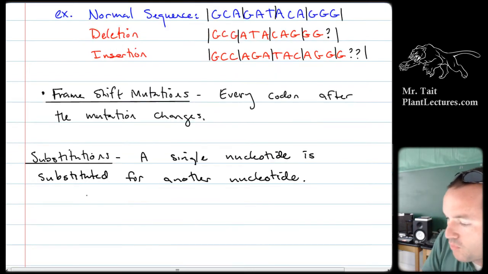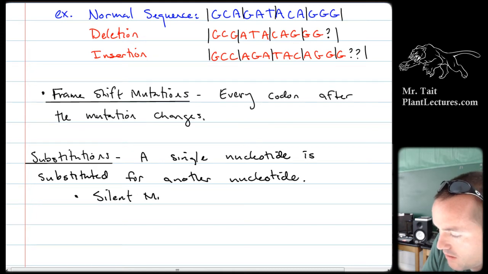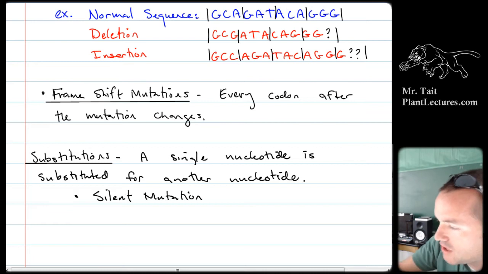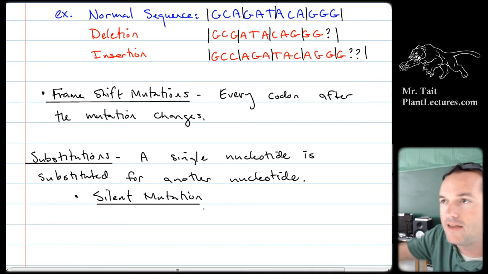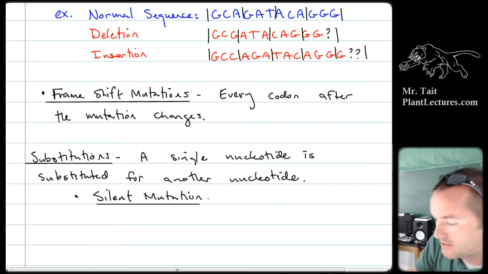Okay, 3 possible outcomes can happen here. Outcome number 1 is probably the most interesting to consider. It's called a silent mutation. Okay, a silent mutation is where the mutated sequence of DNA makes the exact same protein as the non-mutated sequence.